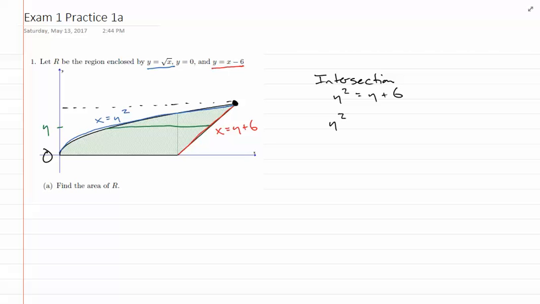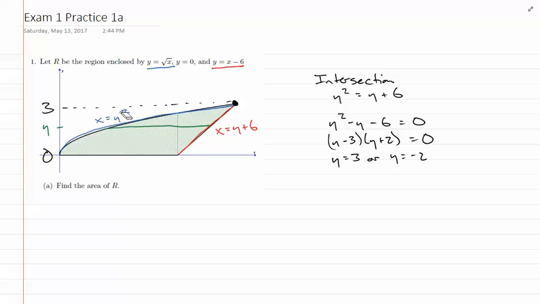Well, that's the same as y squared minus y minus 6 equals 0. That's a quadratic that can be factored. That factors as y minus 3 times y plus 2. So either y equals 3 or y equals negative 2. We are looking for a positive y, so y equals 3 is the one we're looking for.